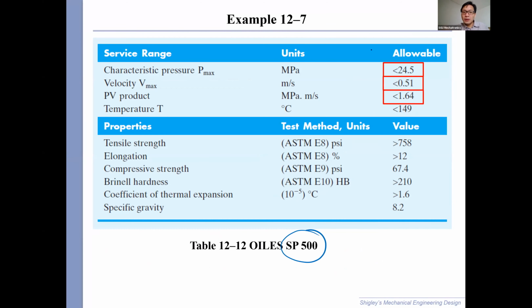The allowable Pmax, Vmax, and PV is given here: 24.5 MPa, 0.51 meters per second, 1.64 MPa meters per second.